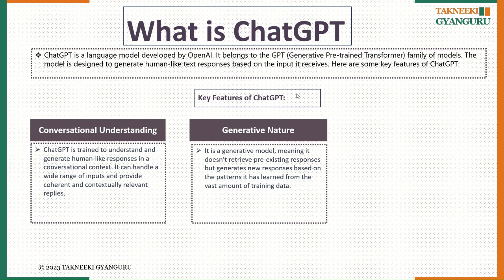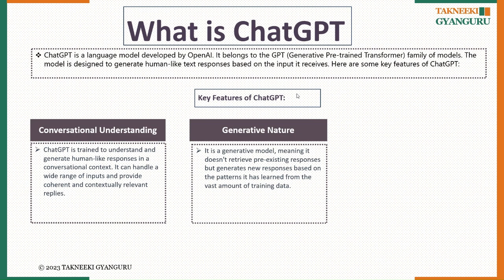It is not like that. It has been pre-trained in the past, so based on the training, it will generate the content. It will pick up data from different systems, correlate all the data, and then give you the response. So that is generative in nature.